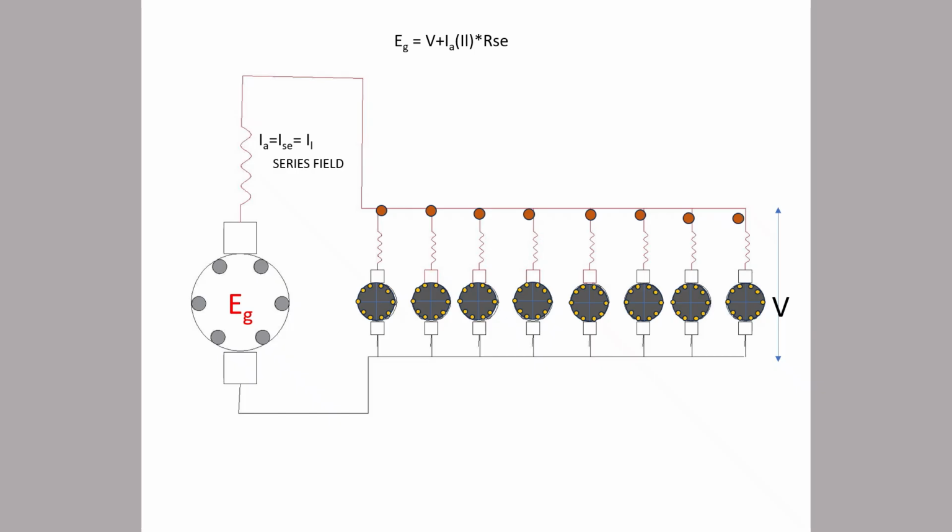Now here you see what is a DC series motor. I have shown you the DC series motor as the load. In a locomotive there are six, maximum six DC series motors in the Indian system. I have shown it here, six in number, and another is the source of DC power.